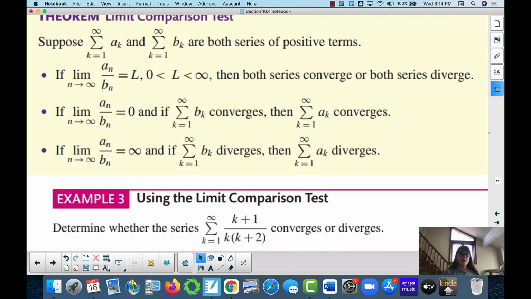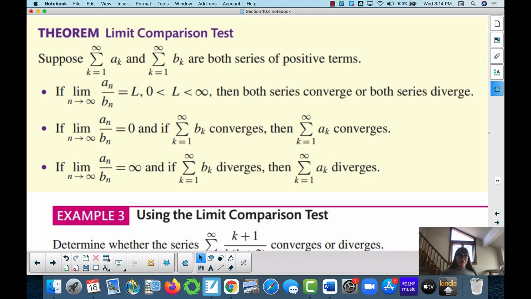And now we have what's called the limit comparison test. We can look at the limit as n approaches infinity of the ratio of a to b. So we've got the one we're trying to figure out whether it converges or not, and then we have one that we're comparing it to. What we do is we make a ratio of those two.